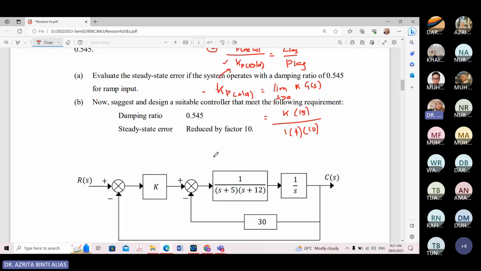And then you need to find the Kp new. So how to obtain the value of Kp new? Always refer to the design objective.